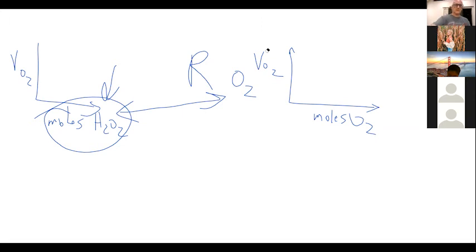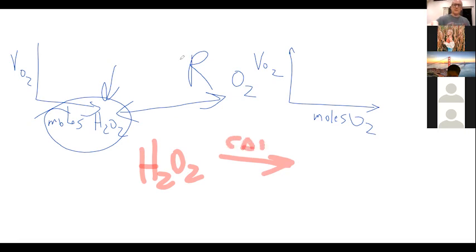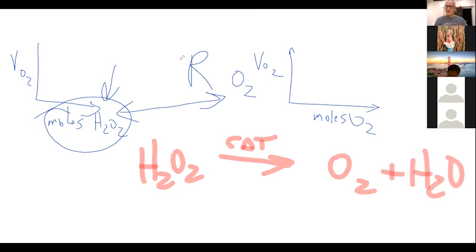So I've got, oops. I've got hydrogen peroxide. Put some catalase on that. And I get oxygen. I think I got some water too, right? That's not balanced. So I got 2 oxygens on the left, and I got 3 of them on the right.